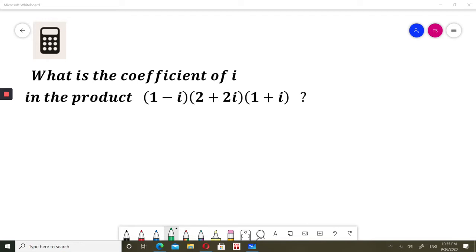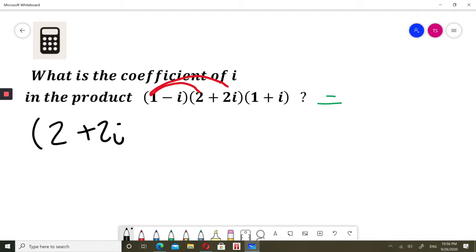So maybe I'll just write equals, because I can just continue. I have to multiply just three brackets, so at first I will multiply the first two. I will use FOIL: first times first, first times other. 1 times 2 is 2, then 1 times 2i is plus 2i.